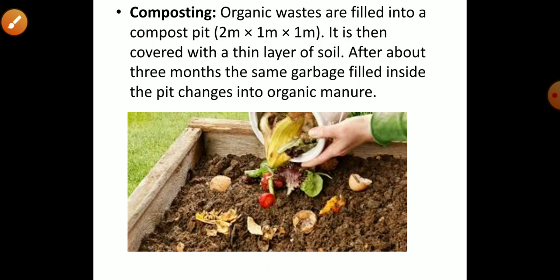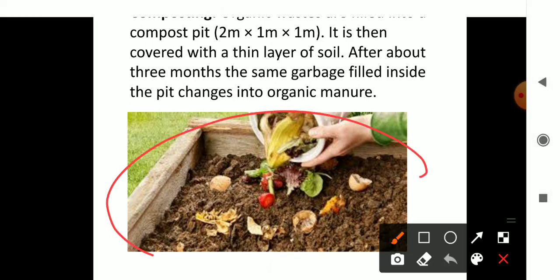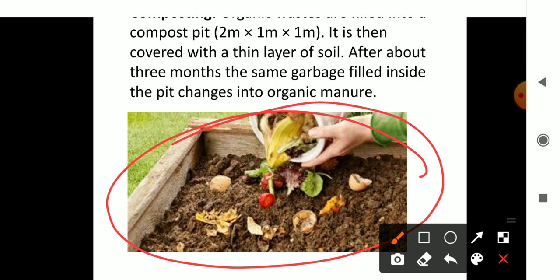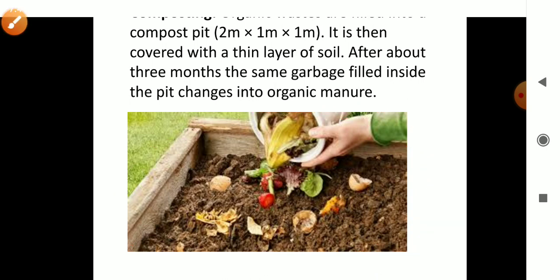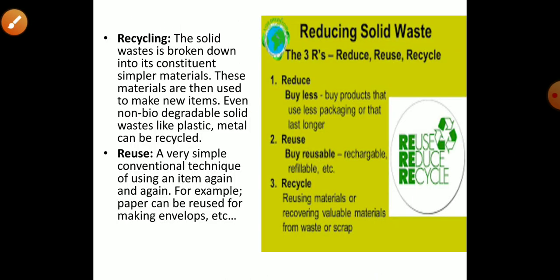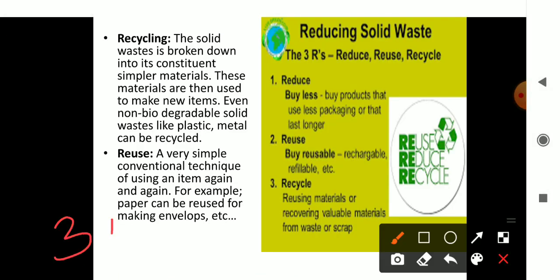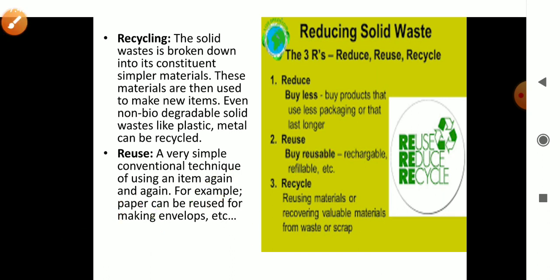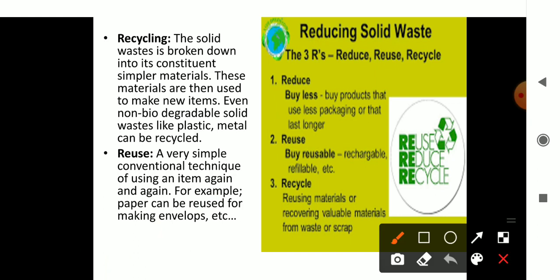As I said, the biodegradable waste material can become decomposed in a compost pit, and this can be used for enriching the soil resources. Then the other thing that can be done is to adopt the 3 R's of waste management. You've been learning about the 3 R's of waste management, that is reduce, that is you buy less.